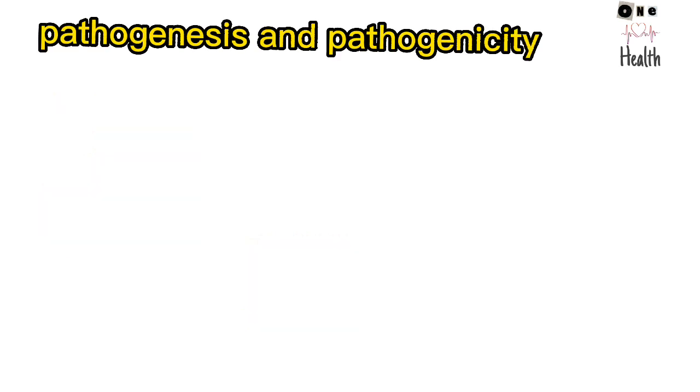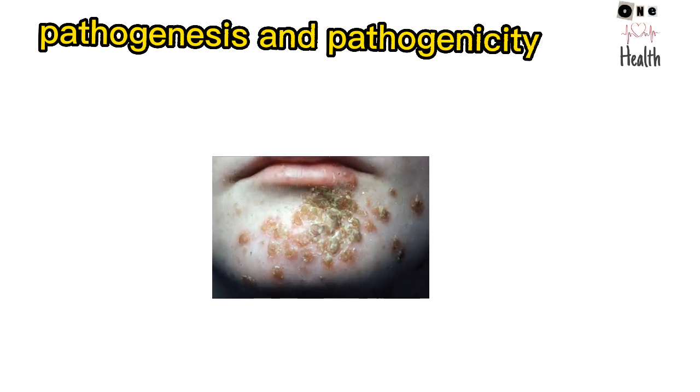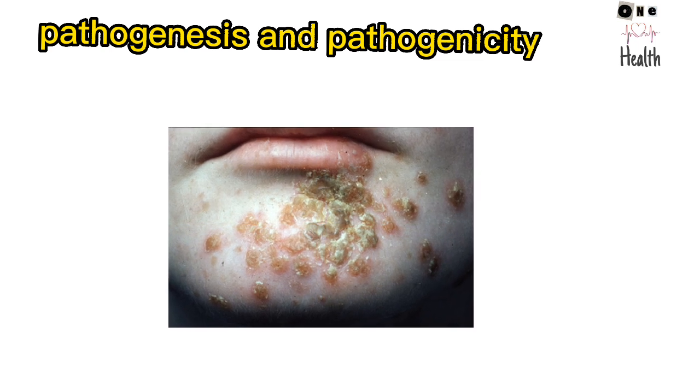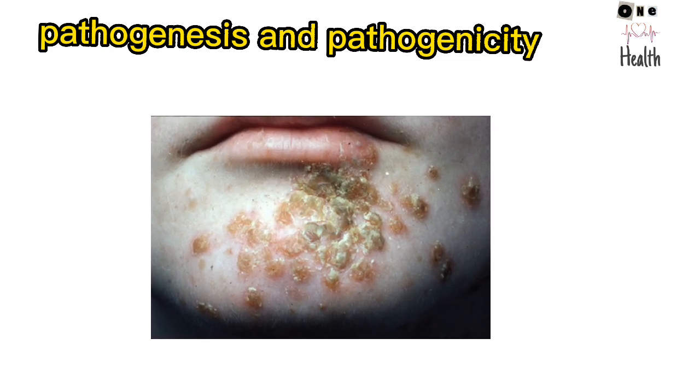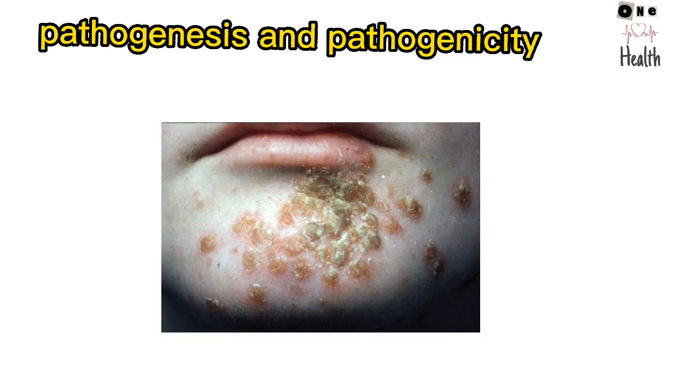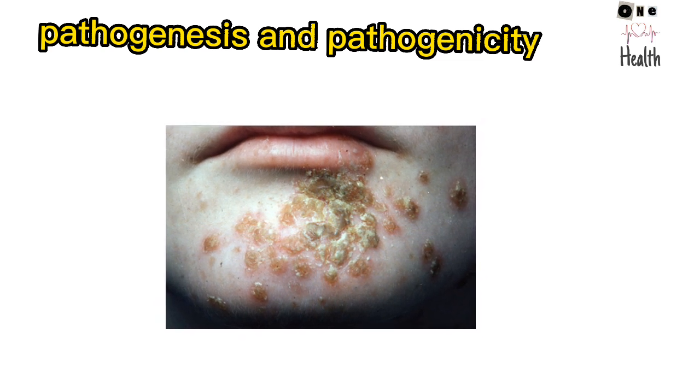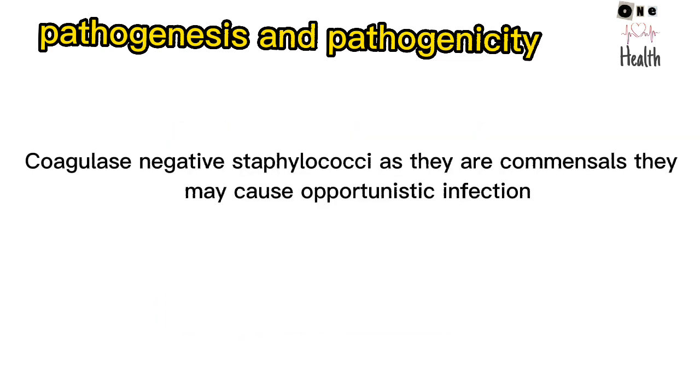Pathogenesis and pathogenicity. The coagulase positive staphylococcus, those which can cause disease, are Staphylococcus aureus and Staphylococcus intermedius, and they are virulent, whereas coagulase negative staphylococcus, the non-pathogenic ones, which are Staphylococcus epidermidis and Staphylococcus saprophyticus, are less virulent.